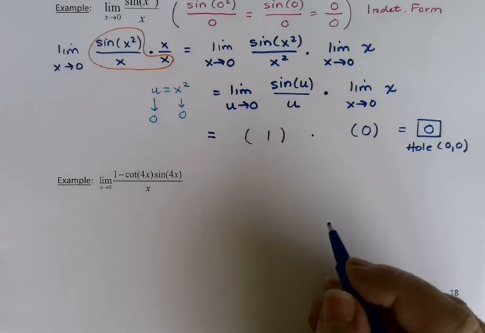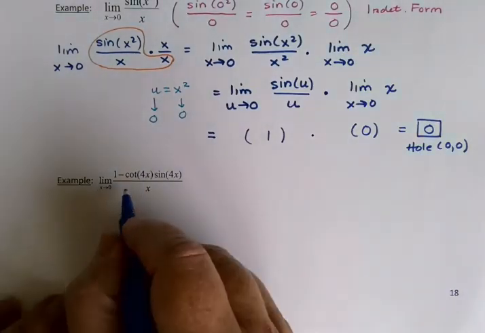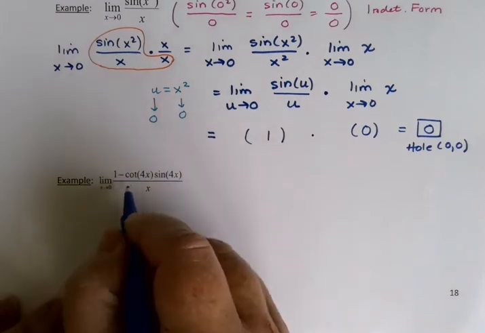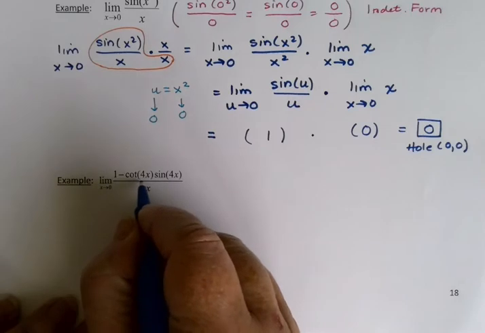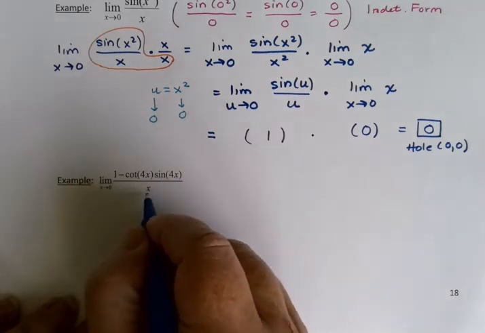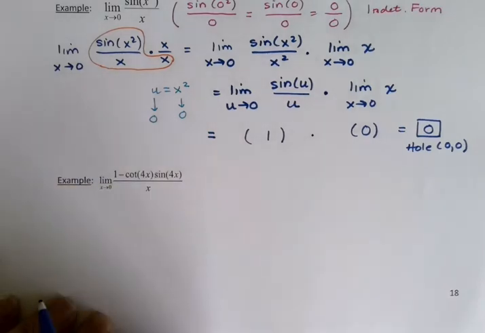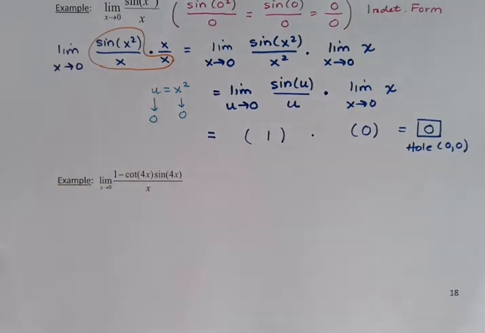So in this case, as I'm looking at this particular problem, I'm going to say that if I want the limit of 1 minus cotangent 4x times sine 4x over x, my biggest concern right now is the fact that cotangent wasn't a part of any of the three special limits. So I'd kind of like to get rid of that.